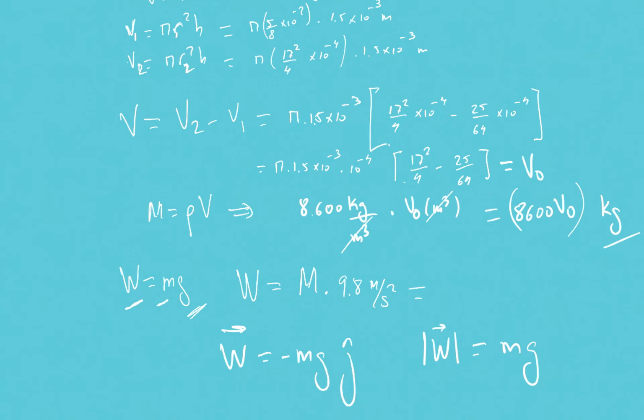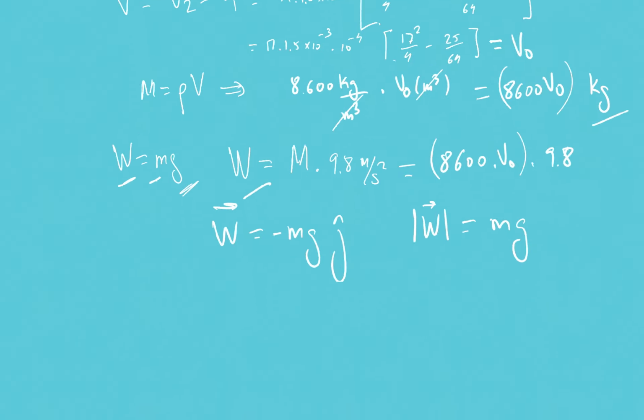So the result will be the mass, 8,600 by V0, this is the mass, multiplied by 9.8, and that will give you the weight. So you do the calculations and you are fine.